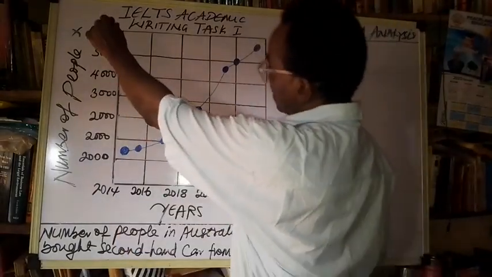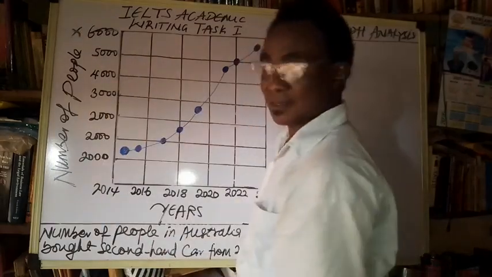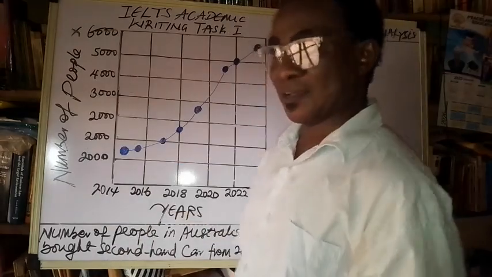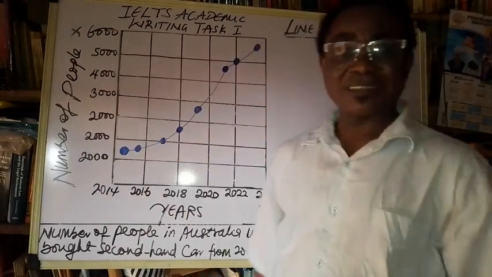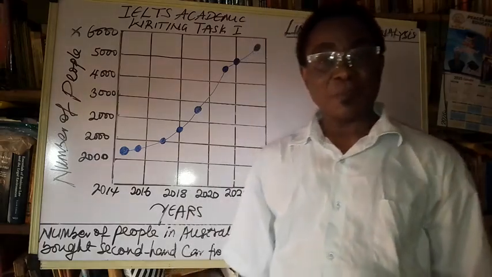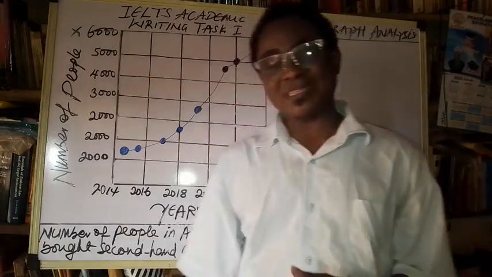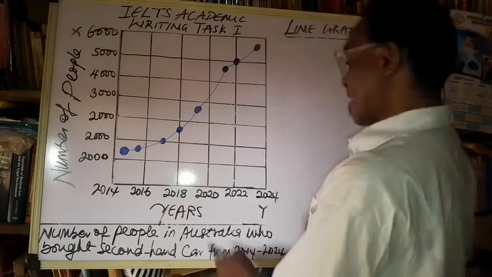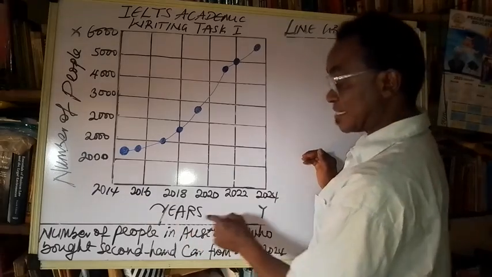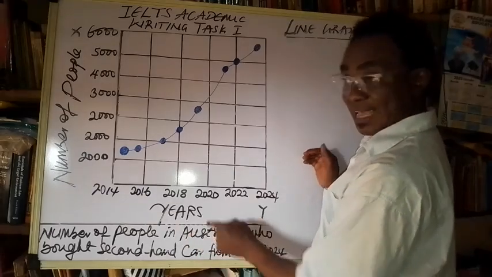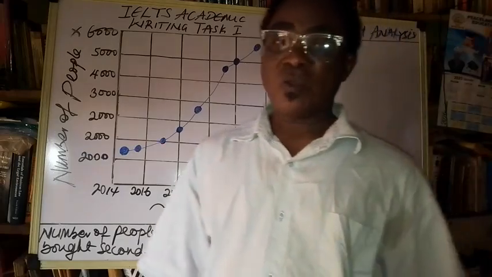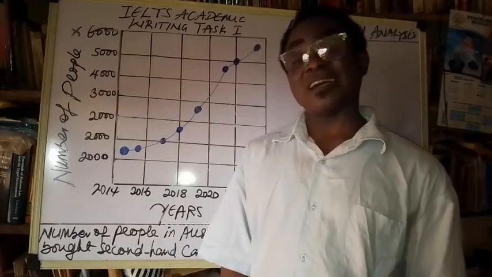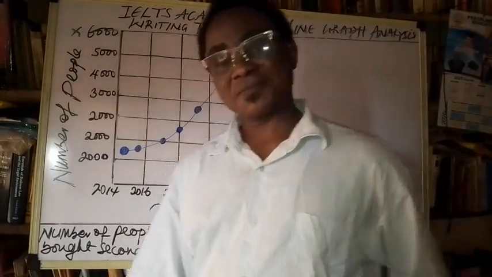So, on the x-axis of the graph, we have number of people. Of course, number of people is a variable because it is a value of an economic nature and is capable of being measured. And then on the y-axis, we have years. Years are also a variable of an economic nature because years are capable of being measured.